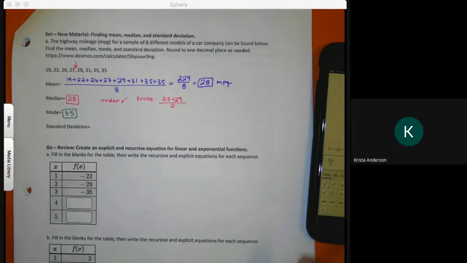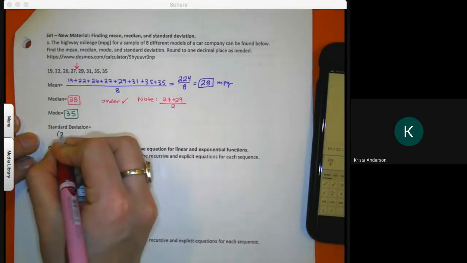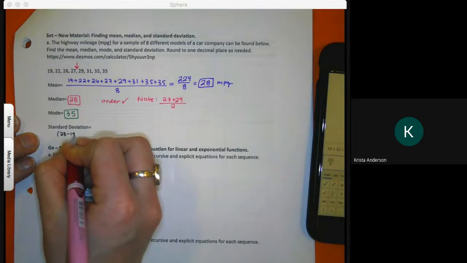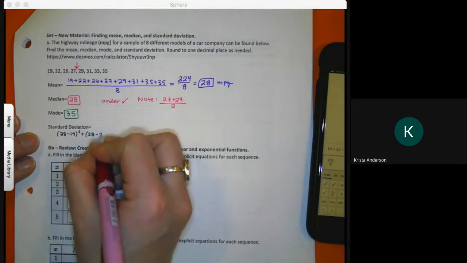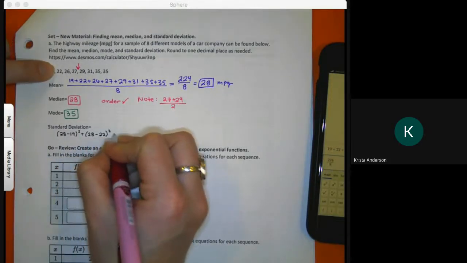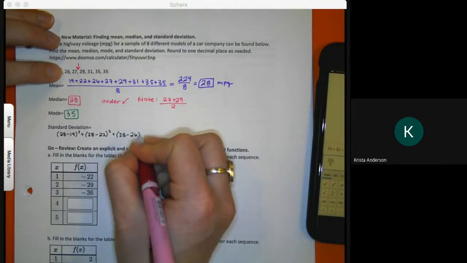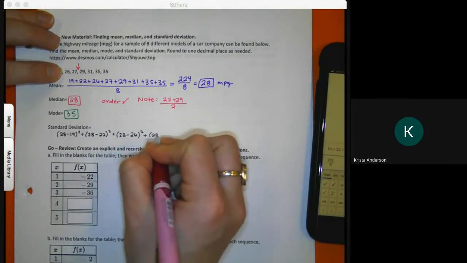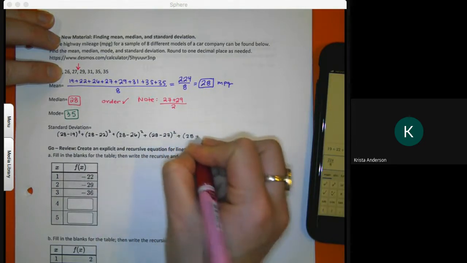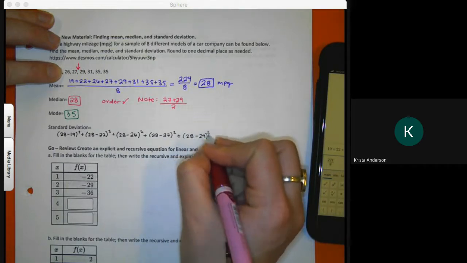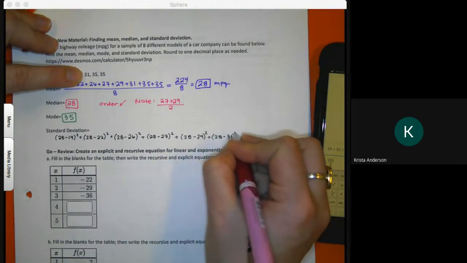So the formula would be my miles per gallon minus 19 squared plus my mean minus my miles per gallon squared, plus, and so on.